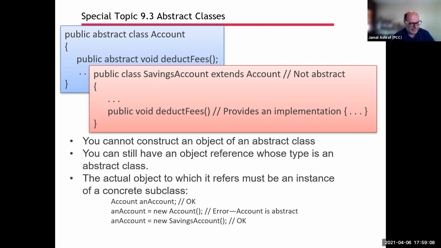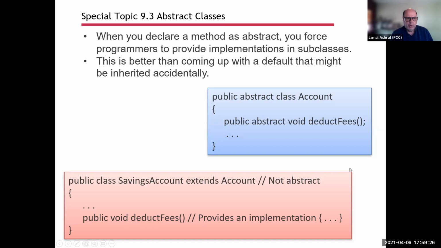You're going to need this somewhere when you're creating the method. I don't think we're going to do it in this class, but you're going to know this is available and you're going to visit it later. And of course, we can set it to null or things in that matter. So when you declare abstract, you are forcing whoever is going to create a subclass to have that method.